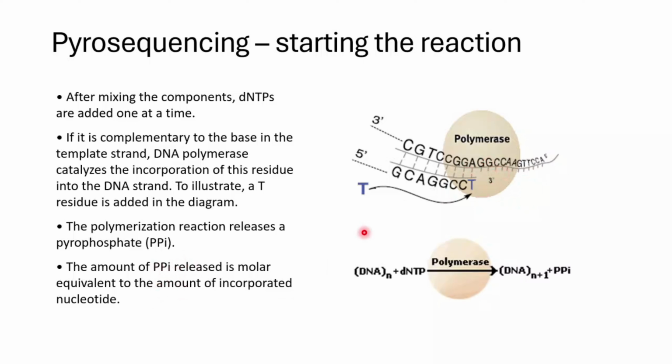Okay. My question for you: how do you differentiate between each of the dNTPs? You're adding them at different times. So first you have the dATP, then the dCTP, dGTP, but they all produce the same pyrophosphate. So how do you differentiate between them? Yes, Alex.